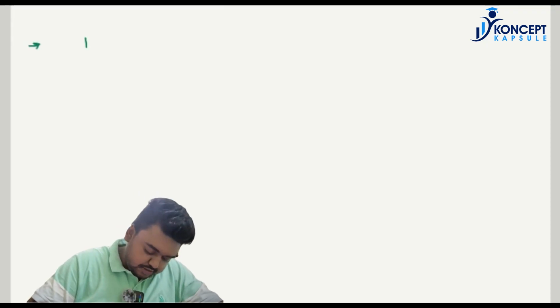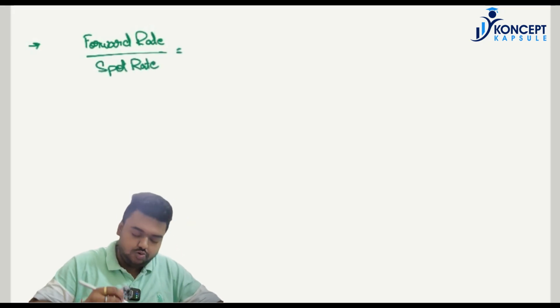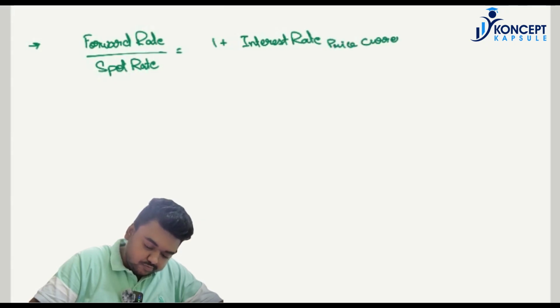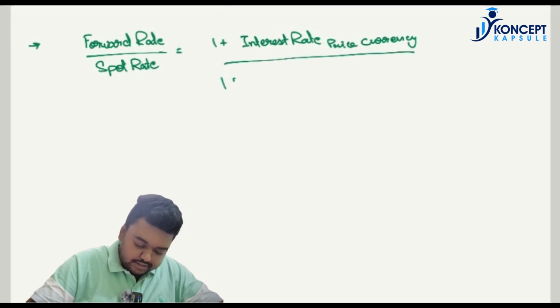This concept is saying that the ratio of forward rate to spot rate will be equal to 1 plus interest rate of the price currency divided by 1 plus interest rate of the base currency.